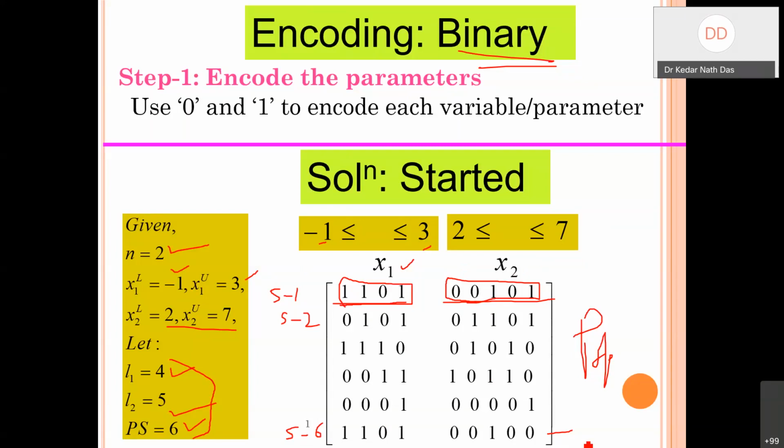But because of space constraints on the slide, I have taken only 6 to explain in a better way. After finding this, we can find the corresponding decimal number just by converting the binary to decimal, that is, multiplying 1 by 2 power 0, 0 into 2 power 1, summing them up, then 2 power 2, and so on.